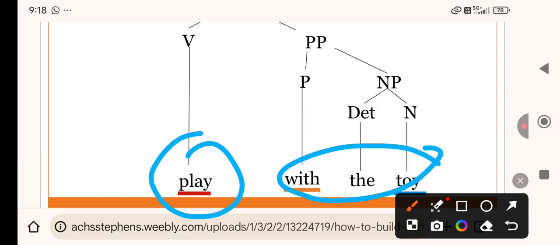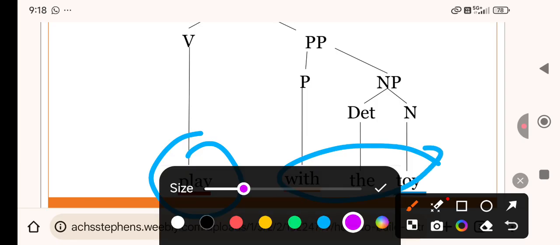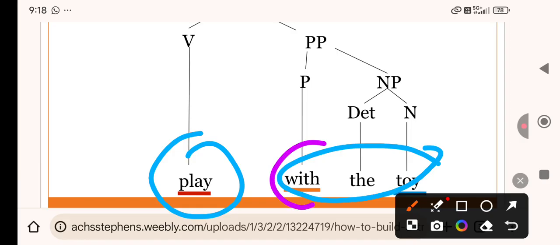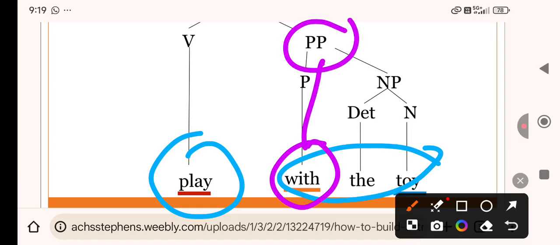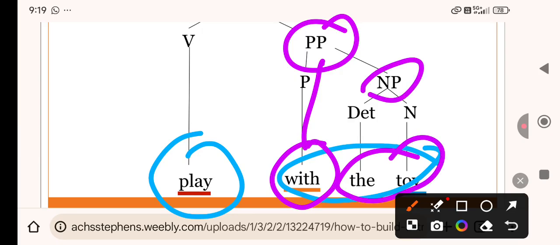With the toy, as we discussed earlier, starts with a preposition, so that will be known as a prepositional phrase. In this case, first we have to drop the preposition. Then the toy is a noun phrase, where the is a determiner and toy is a noun.